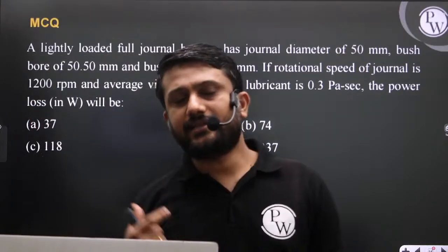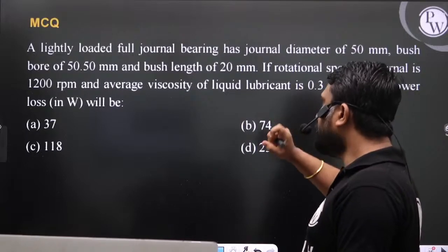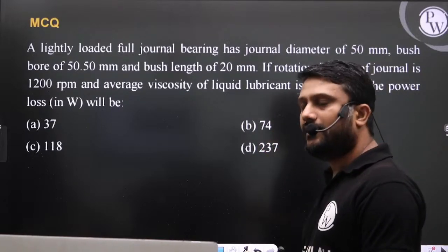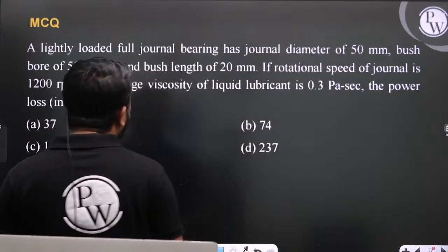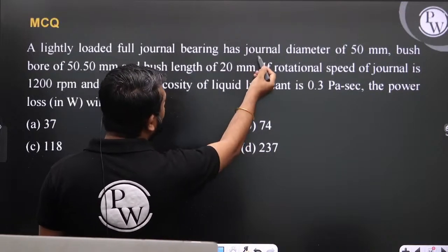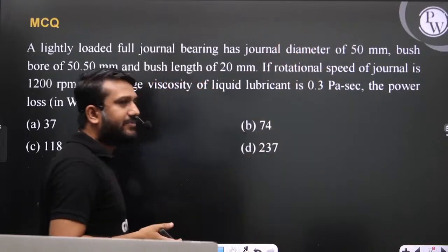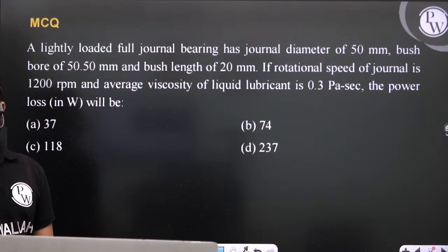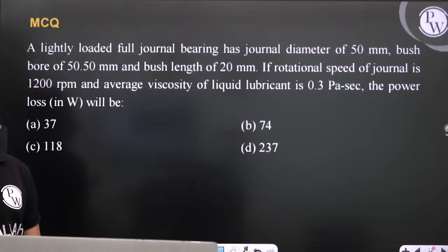In mechanical, there is a machine design subject, in which we discuss bearings. Whenever journal diameter is mentioned, it means the shaft diameter.